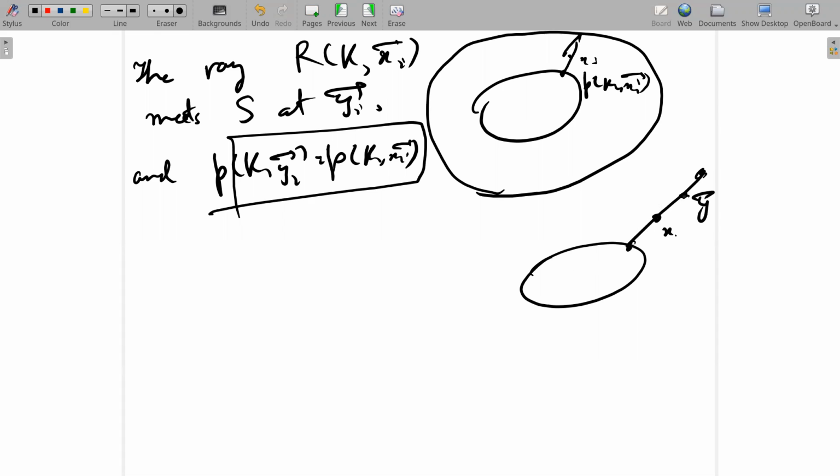And if not, if y connects here, then you can join these points, and this whole line will lie in here.